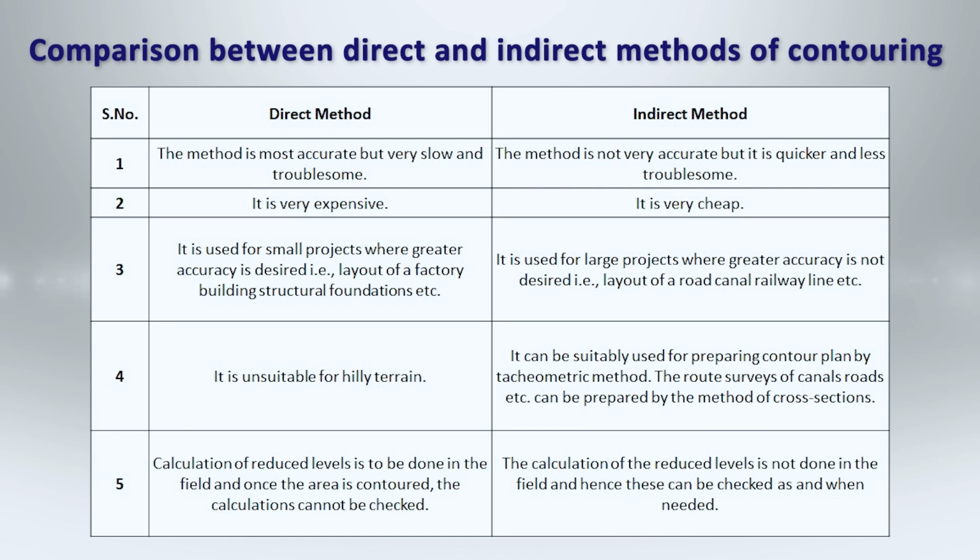The direct method is unsuitable for hilly terrain, and the indirect method can be suitably used for preparing a contour plan by the tachometric method. The route survey of canals, roads, etc. can be prepared by the method of cross sections. In direct methods, calculation of reduced levels is to be done in the field, and once the area is contoured, the calculations cannot be checked.